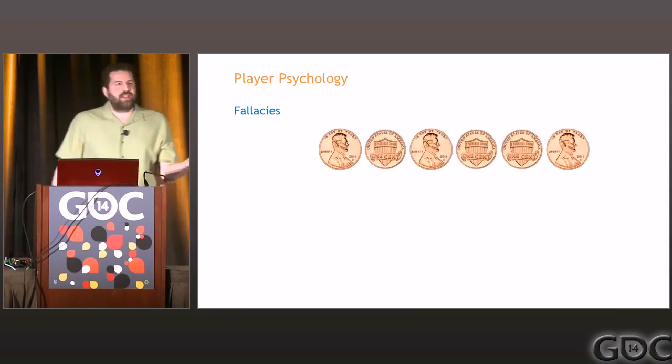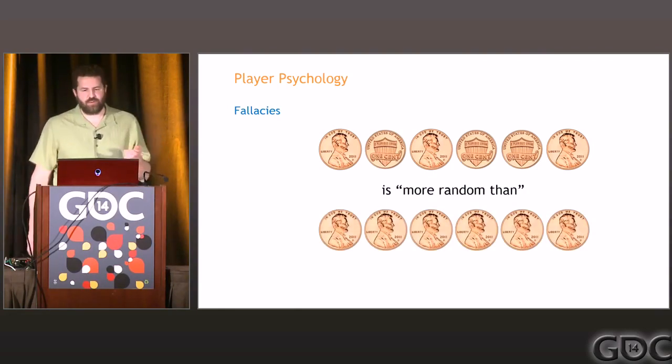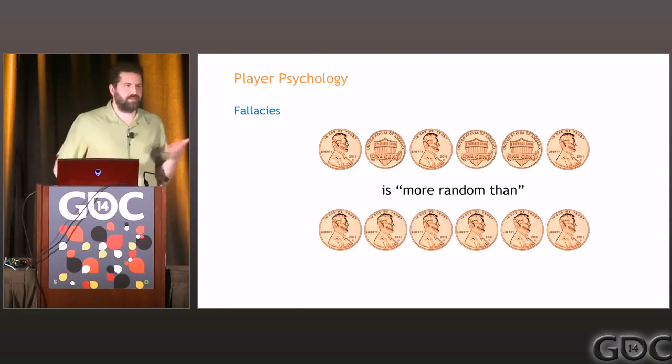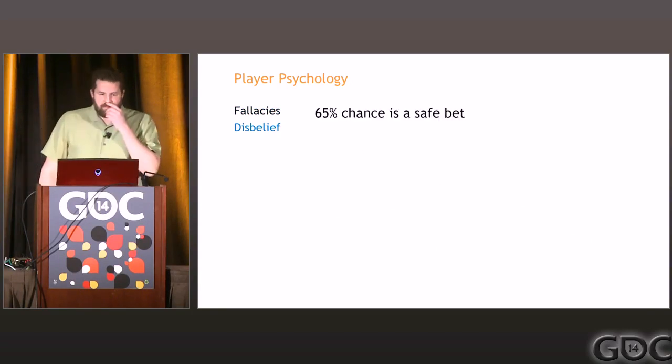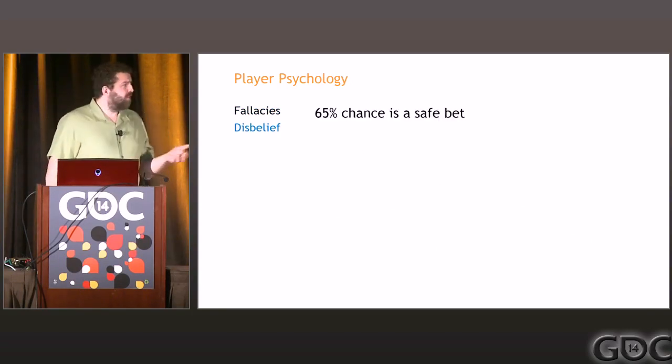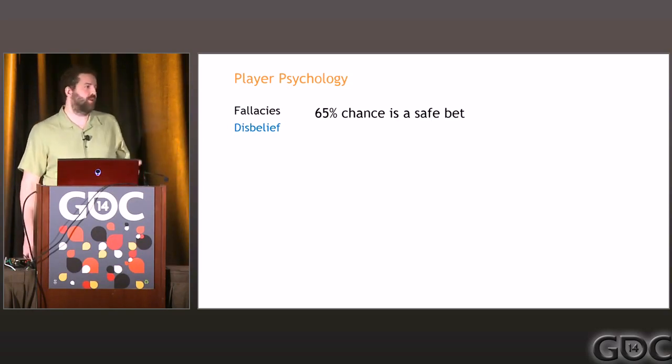That one maybe is obvious to everyone in this room. Maybe less obvious is that this top one is more random than the bottom one. Obviously, false statement, but we can easily find ourselves in that trap. Players also have a real distorted perception of what percentage chances really mean and what randomness is.